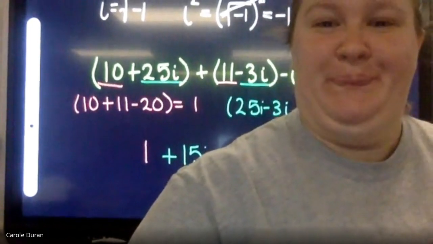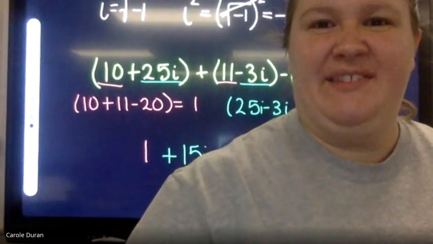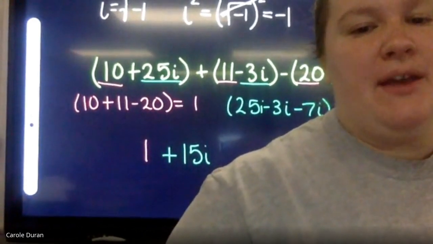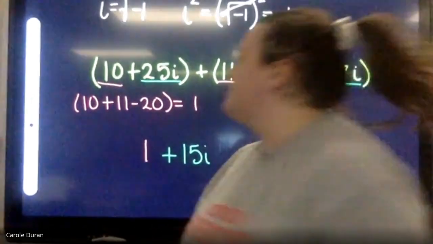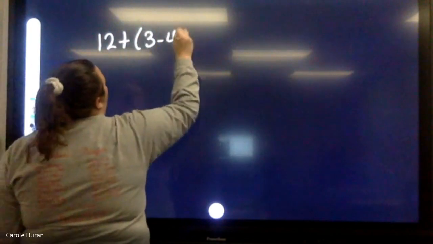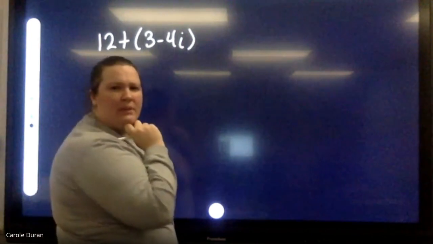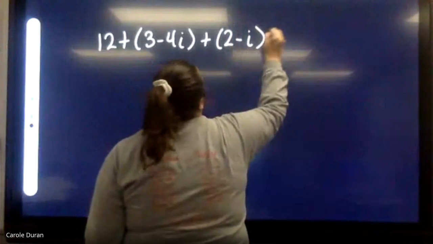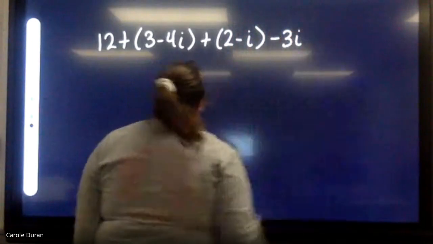Okay, so I would like to do another example, of course, because it never hurts to have the practice. On this example, I'm going to have 12 plus 3 minus 4i plus 2 minus i minus 3i.